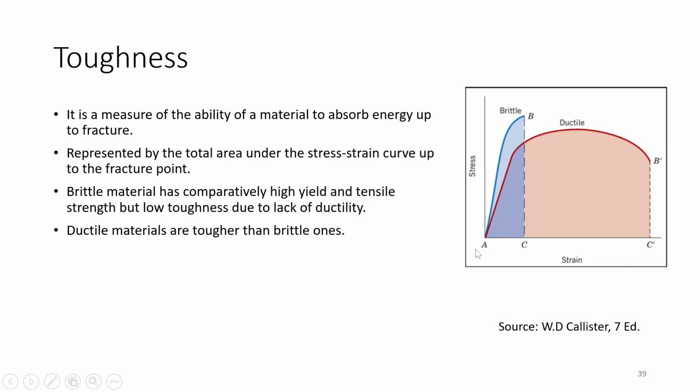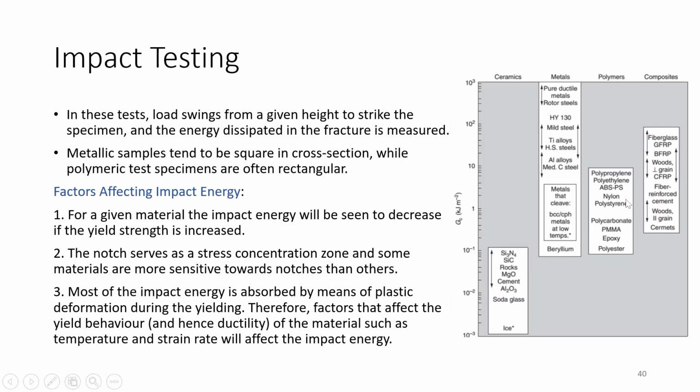As we know, ductility counts along the x-axis, while high UTS counts toward a higher position on the y-axis. That's why ductile materials are tougher compared to brittle ones, because they have a higher area under the curve. Next we have impact testing.